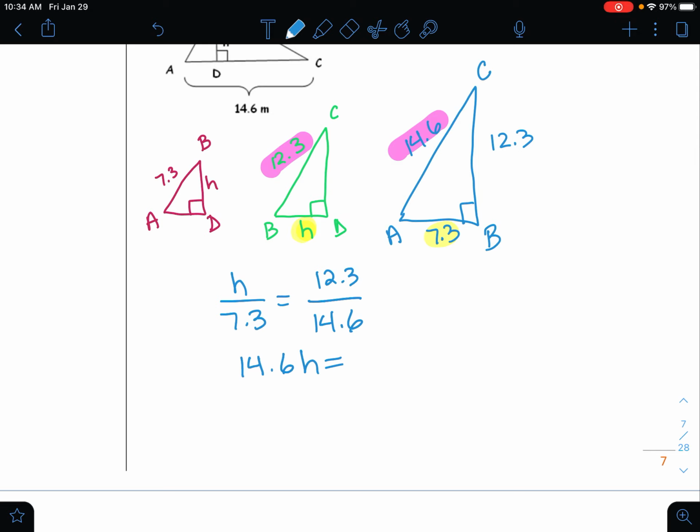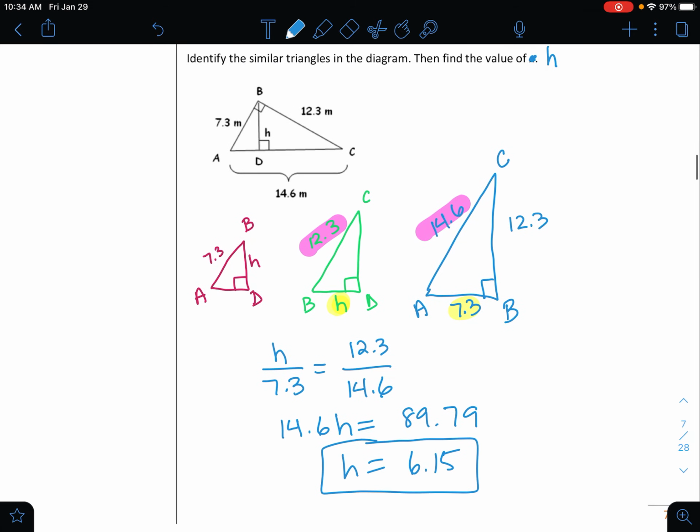If I go to solve, 14.6h equals 7.3 times 12.3, which is 89.79. Then we divide off that 14.6, and I get 6.15. So I was able to take the idea that when I have this altitude on the large triangle, it creates three similar triangles, which gives me lots of options to find my missing lengths.